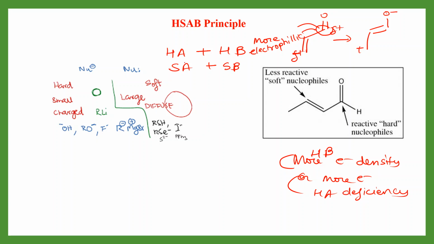So if you look at this, this center is your soft, this center is hard. Hard center, soft center. And you should know that there are three types of Grignard, we can't say Grignard, the correct term is organometallic reagents.